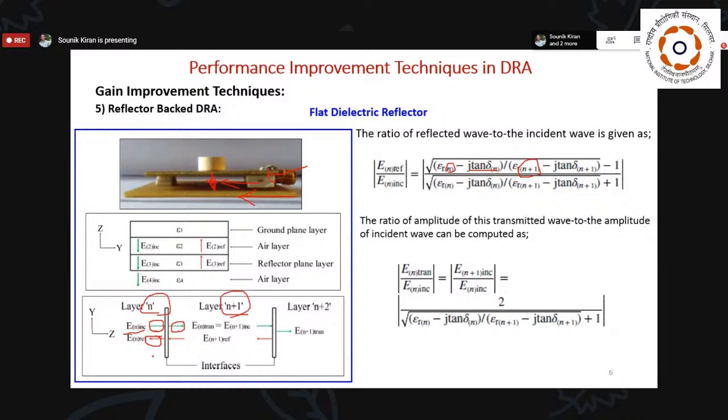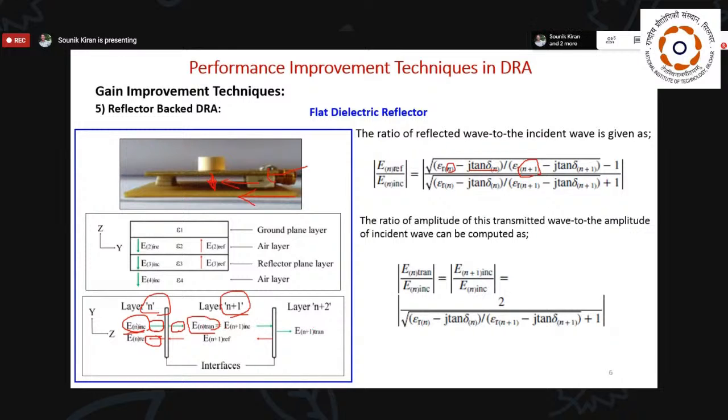Then we need to check the ratio of the transmitted wave to the incident wave. This is the transmitted wave and this is the incident wave, and we need to find the ratio between these two also. Also keep in mind, when the wave starts from the n layer, it goes to the n plus 1 layer, then it goes to the n plus 2 layer.